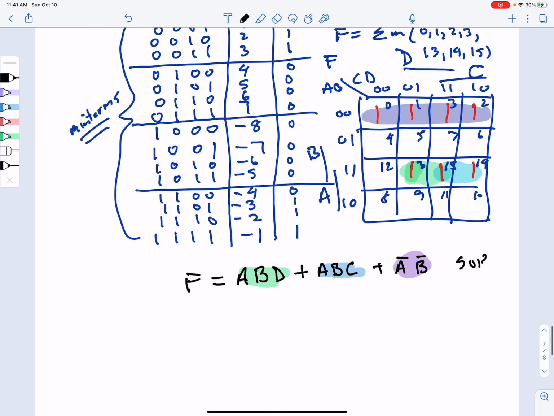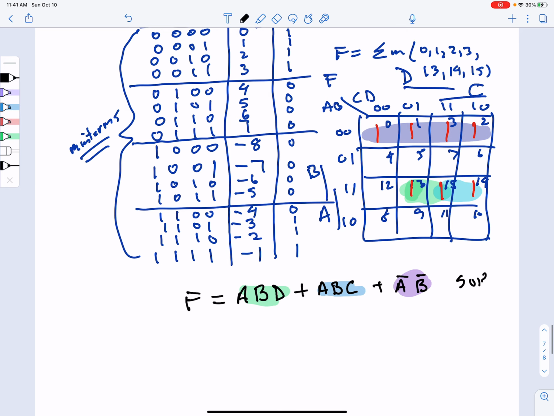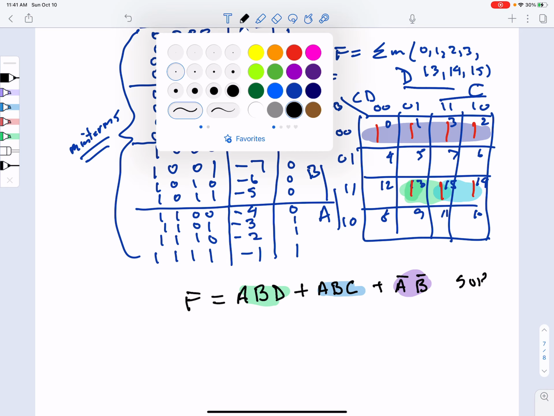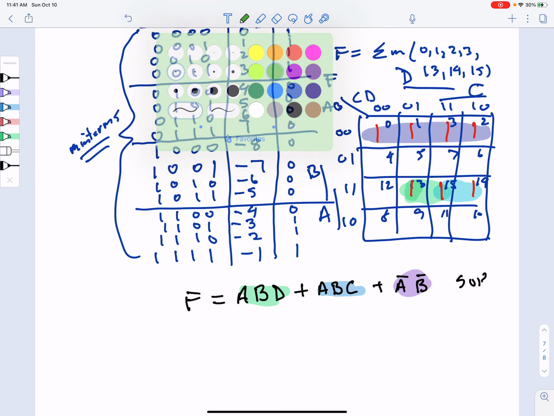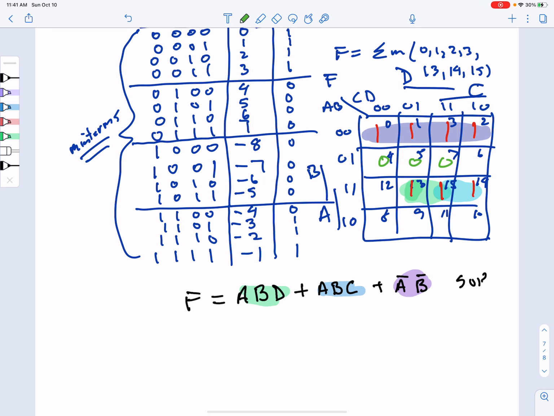We could also check product of sums. I'll change the colors here. With product of sums, what I want to do is circle the zeros, avoid the ones. I need to cover maxterm 12, and I have a couple of choices.